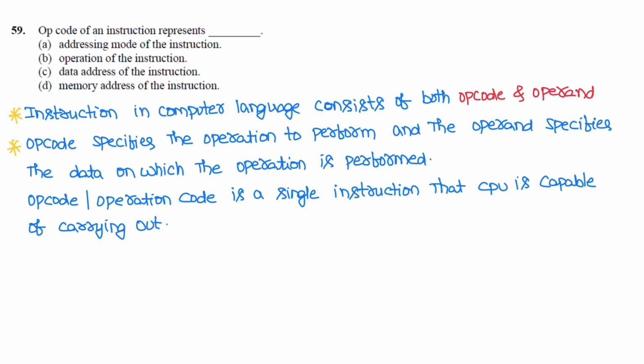Opcode specifies the operation to perform and the operand specifies the data on which the operation is performed. Opcode, the operation code, is a single instruction that a CPU is capable of carrying out. So correct option is B. Opcode of an instruction represents the operation of an instruction.